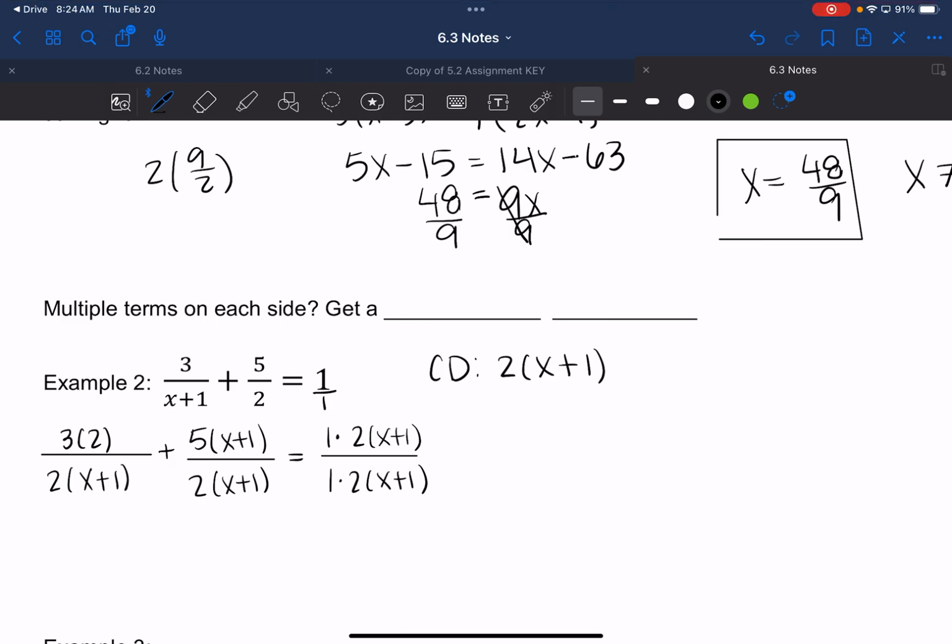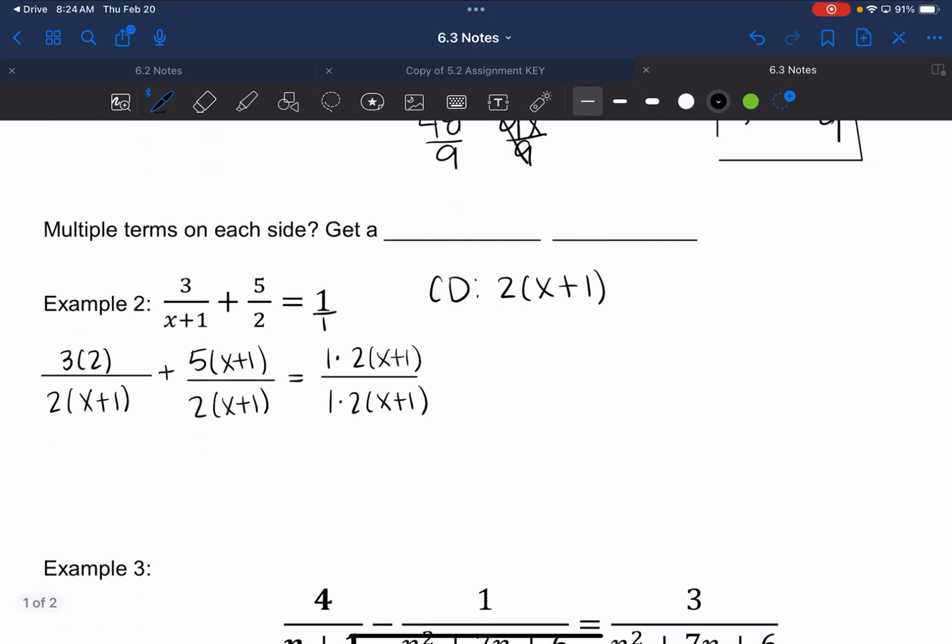Okay, now that we have the common denominator, I can ignore the denominators and just solve the numerators, okay? So now I'm only concerned with what we've got going on in the numerator.